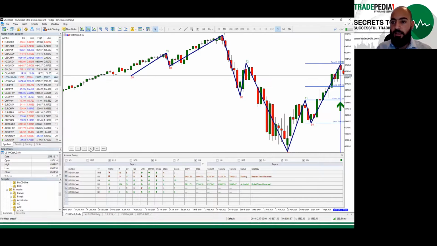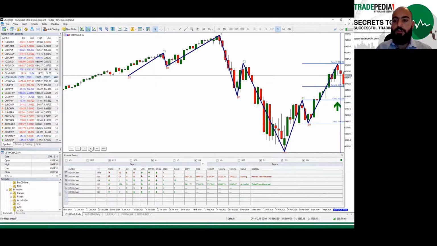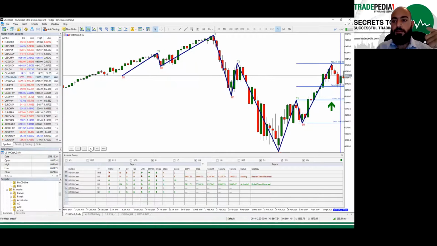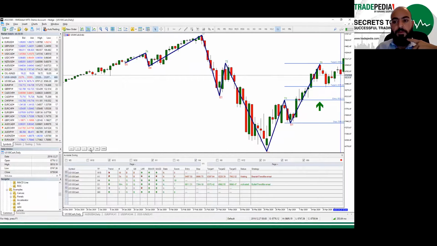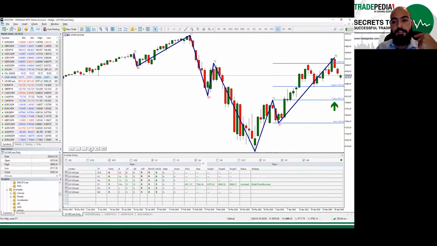Prices went higher, reached target 2, and prices are right here at the moment. So earlier in the previous month, around 2 weeks ago, this trade on the NASDAQ was highlighted, and as you can see, prices went all the way to target 2. All you needed to do is to place the order.